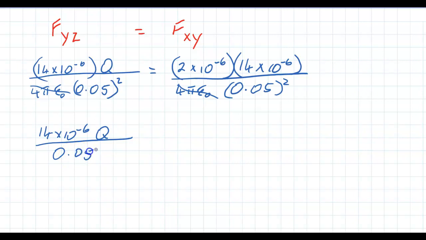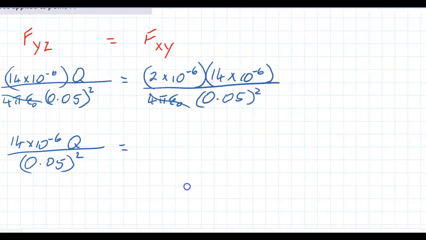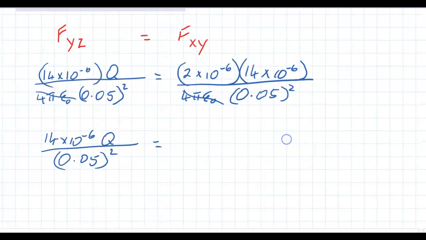Now, you might say, why are you not cancelling out the 0.05? I could very easily for this equation. It just happens that both the distances are the same. That's not always going to be the case with these problems. You will always have 4 pi epsilon naught appearing on both sides, but it's quite uncommon for the distances to be the same on both sides.